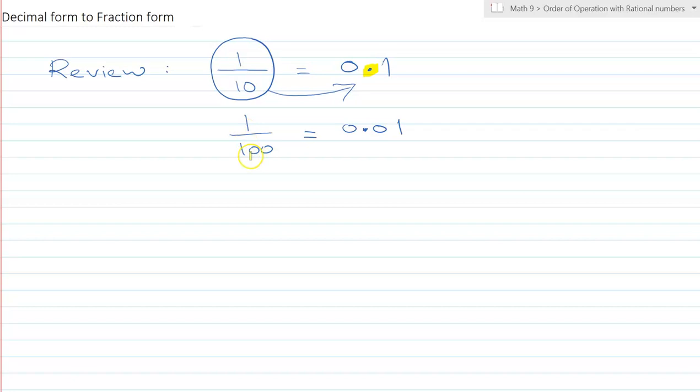Now, if it was 1 over 100, you'll get 0.01, and look at the decimal there. Look what happens if I move this decimal point to the front of 1, okay, that is only 1. So 10 is a division by 10.